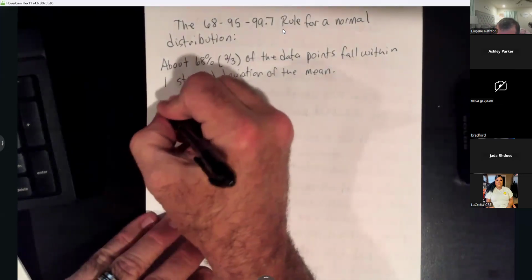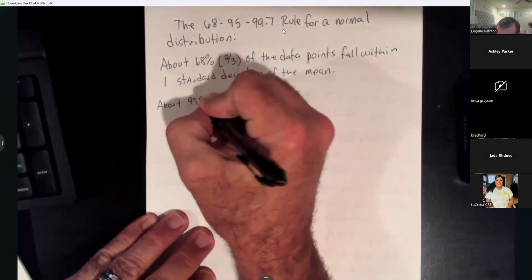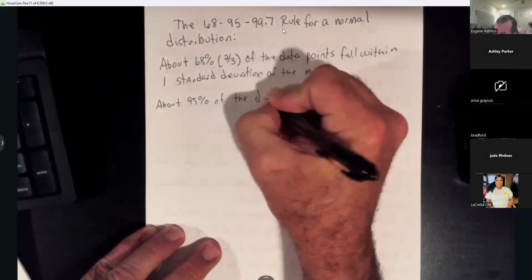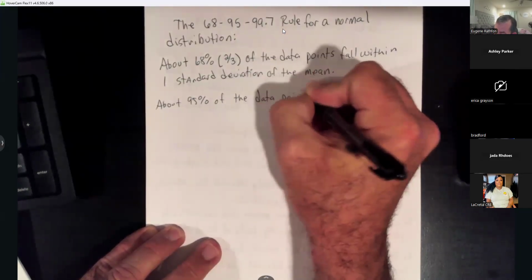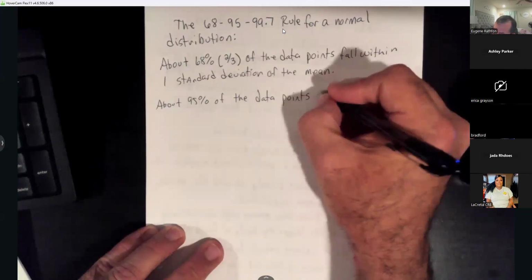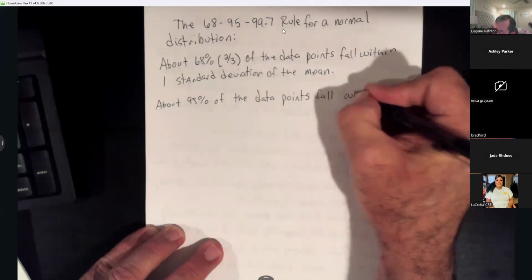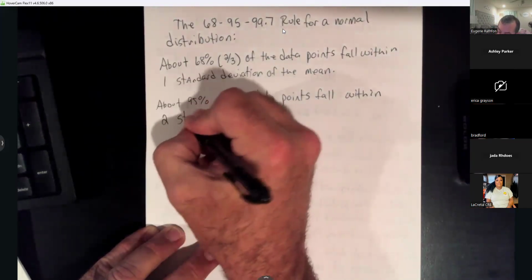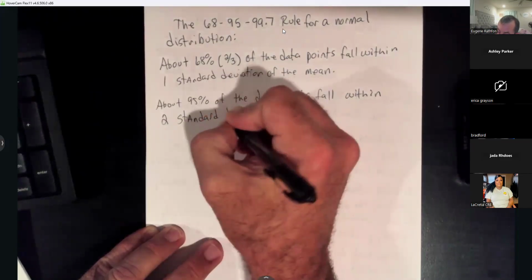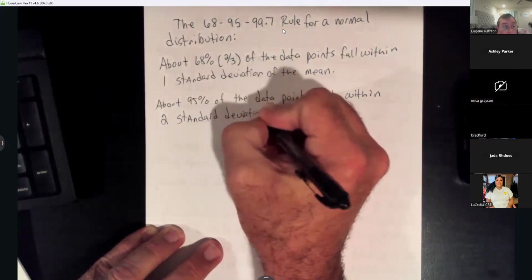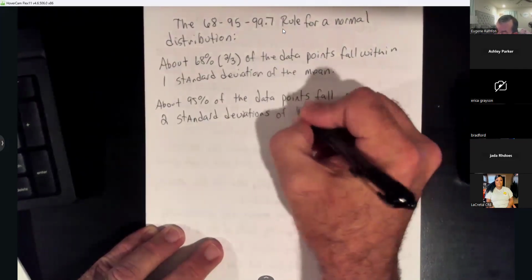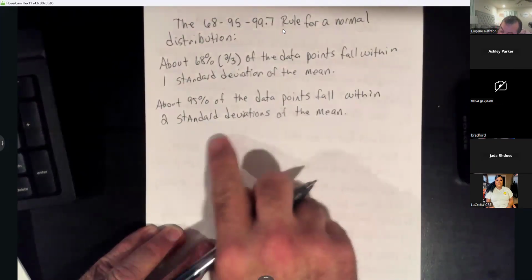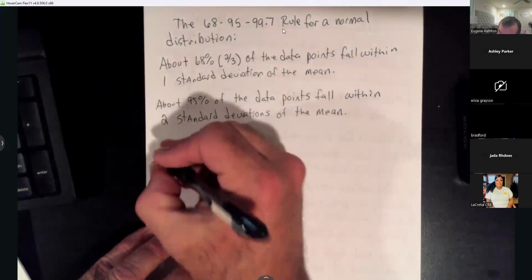All right, about 95% of the data points fall within 2 standard deviations of the mean. All right, y'all, then the third one, the 99.7.